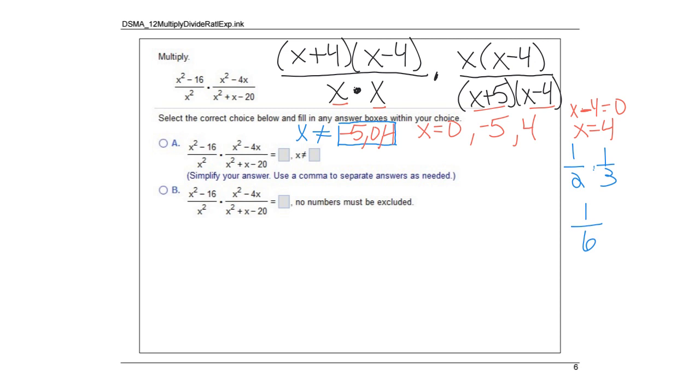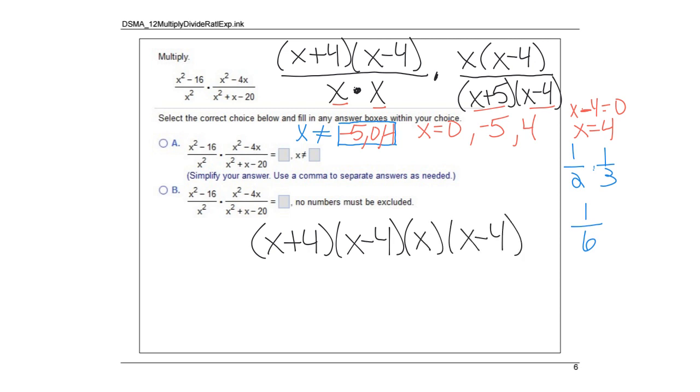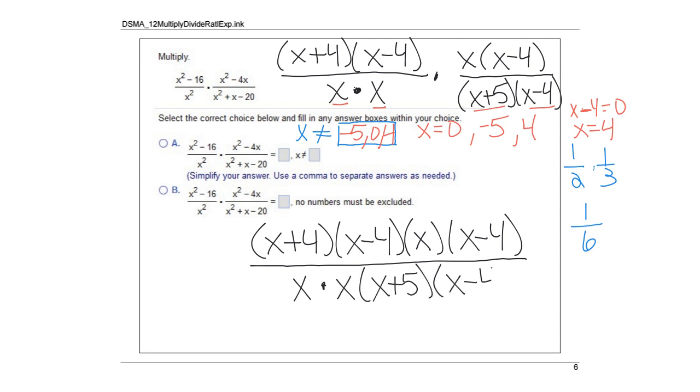Okay, now we can start cleaning this up a little bit. I'm going to go ahead and rewrite it down here. So this is all multiplication, all the way across, because that's how we deal with fractions.